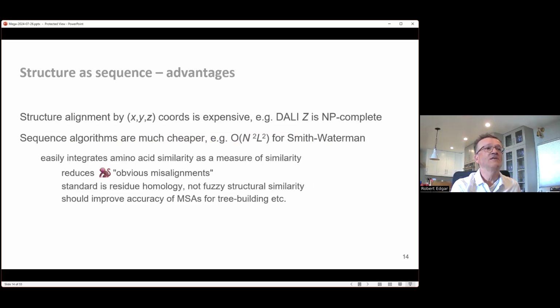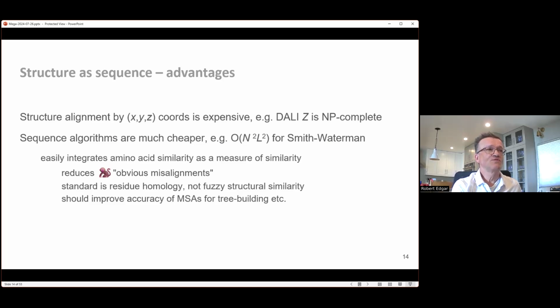You have these L squared, N squared type algorithms, and then you can optimize those. Whereas when you're trying to work with the three-dimensional coordinates, those algorithms are typically much more expensive. DALI is known to be NP complete. I would guess that optimizing the TM score is quite likely also NP complete.